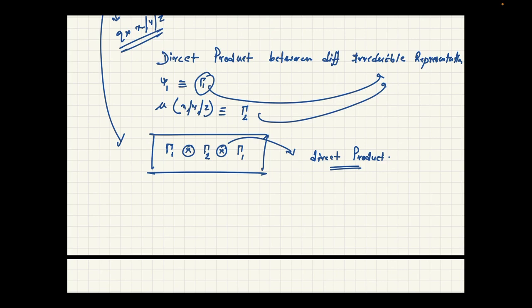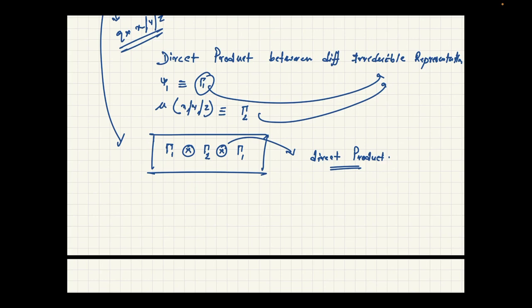Now if this direct product contains some terms of the totally symmetric representation, like A1, like this.